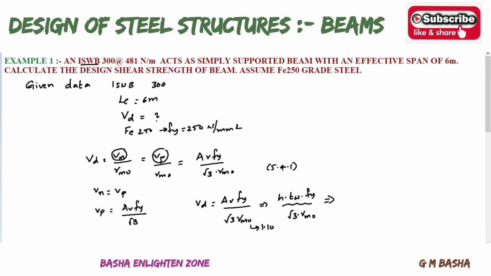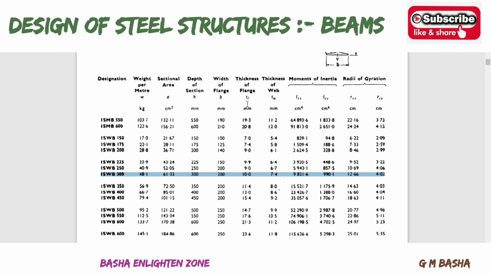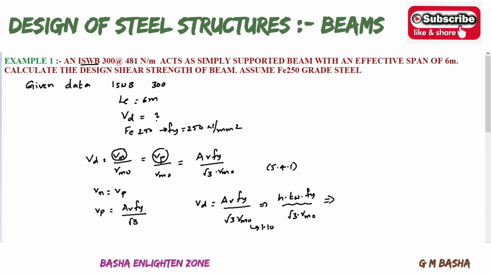Thickness of the flange is 10.0, thickness of the web is 7.4 and h value is 300. This is the basic question which generally comes at diploma level. So h is 300, thickness of the web is 7.4, and the remaining values are 250 by root 3 and gamma 1.10.